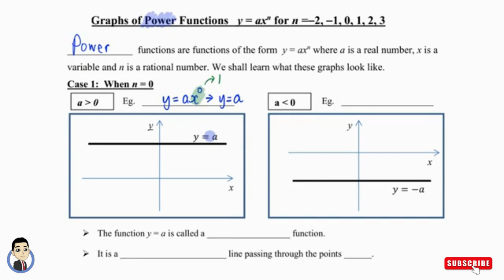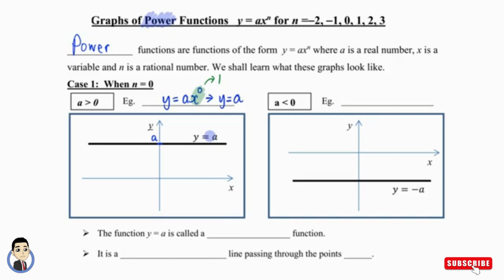So this y equals a cuts the y-axis at a, and there are some observations that we can see. It is actually a horizontal line.